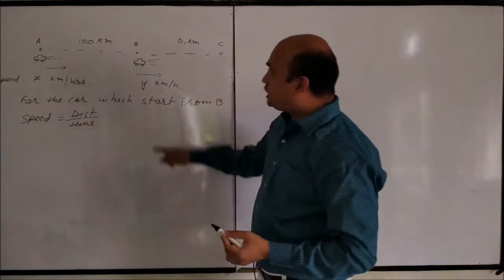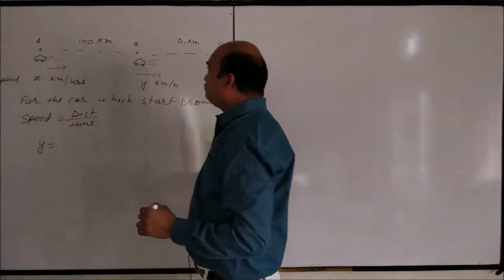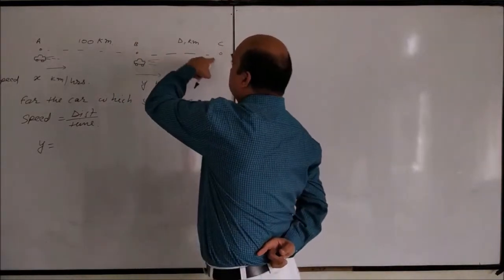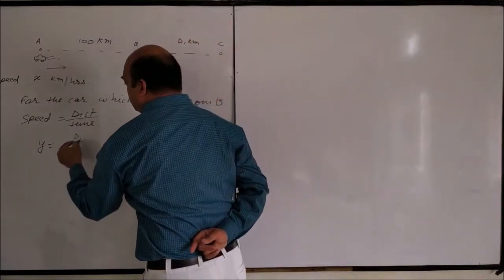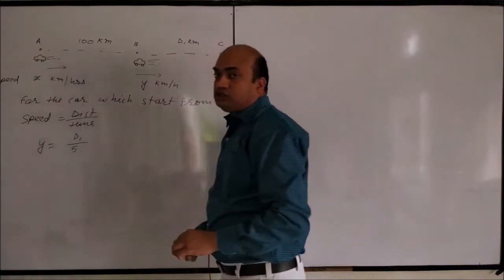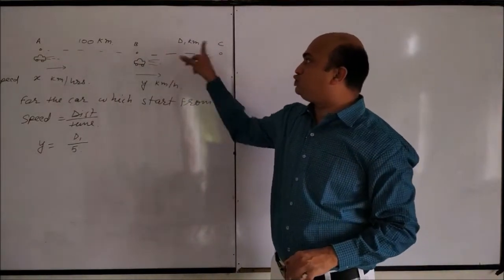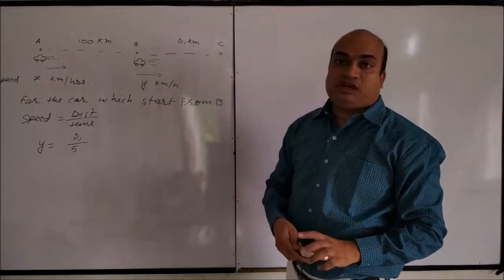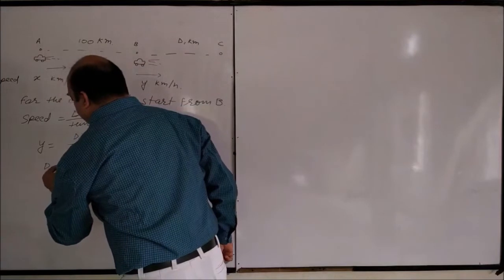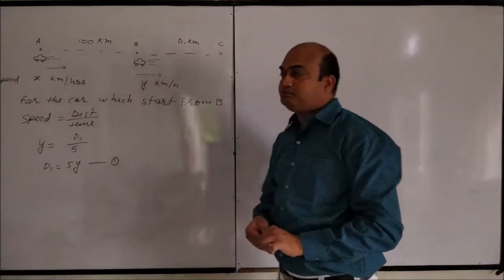The speed of the car that starts from B is y km per hour. It travels the distance d1 kilometer, and the time it required to travel from B to C is given as 5 hours. So d1 we will get here 5y, we consider it as equation number 1.